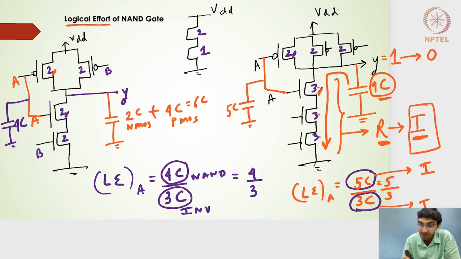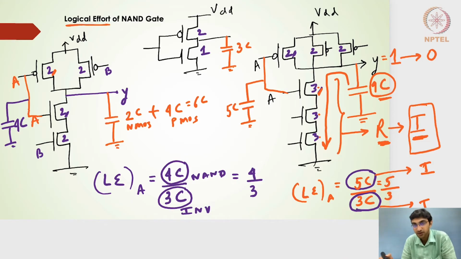I will complete the PMOS, with a bubbled gate, and the non-bubbled gate representing the NMOS. And this is my output. The capacitance at the output is nothing but 3C. So a size of 1 is giving me a current of I or a resistance of R. So I'm going to write I and then R.